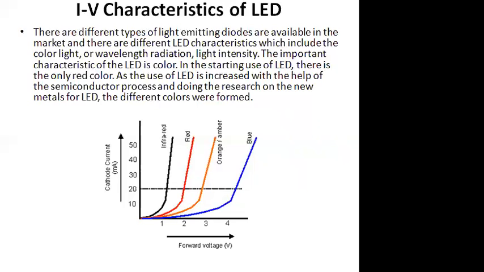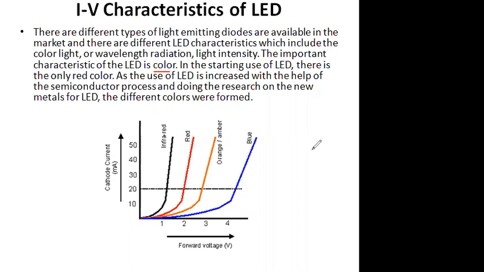Okay. And these IV characteristics are drawn depending upon the color of light or wavelength of radiation, light intensity. The important characteristic of the LED is nothing but the color.